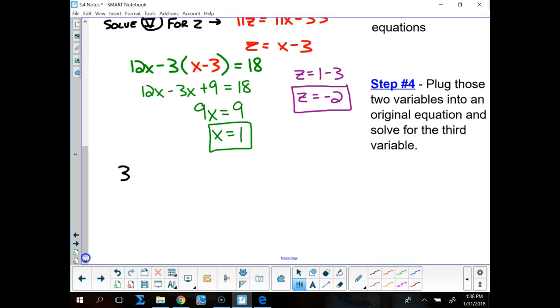So 3 times x was 1, plus y minus 2 times z. Z was negative 2. And that's got to equal 10.